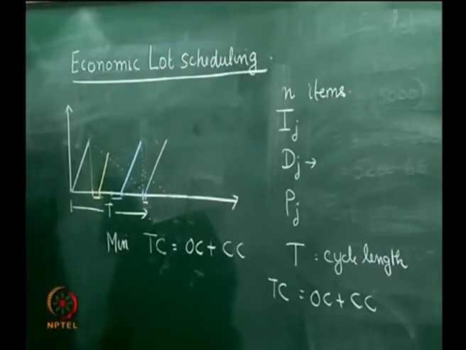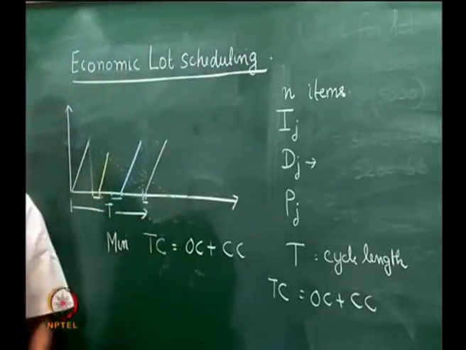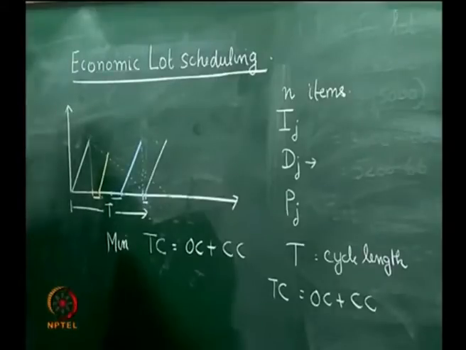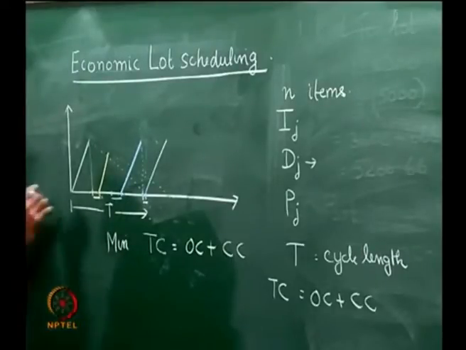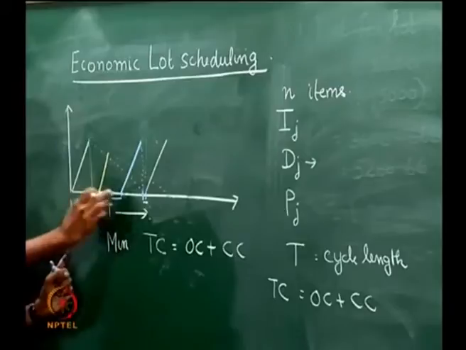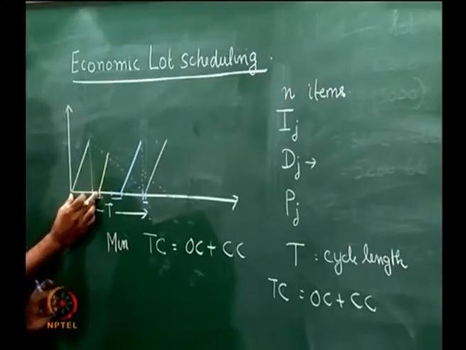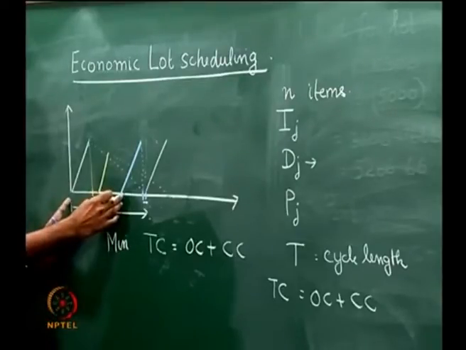One way of looking at the economic lot scheduling problem is we are looking at it in some kind of real time, which can start from any point, and there is sufficient inventory to meet the demand of yellow for this period and the demand of blue for this period.